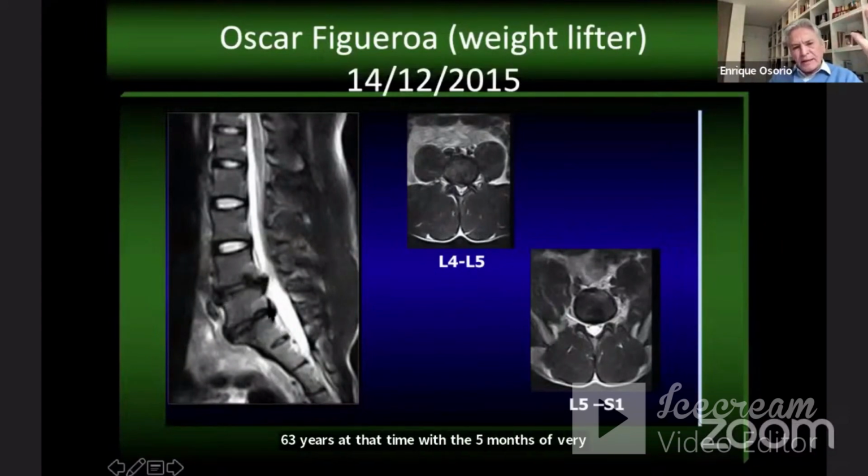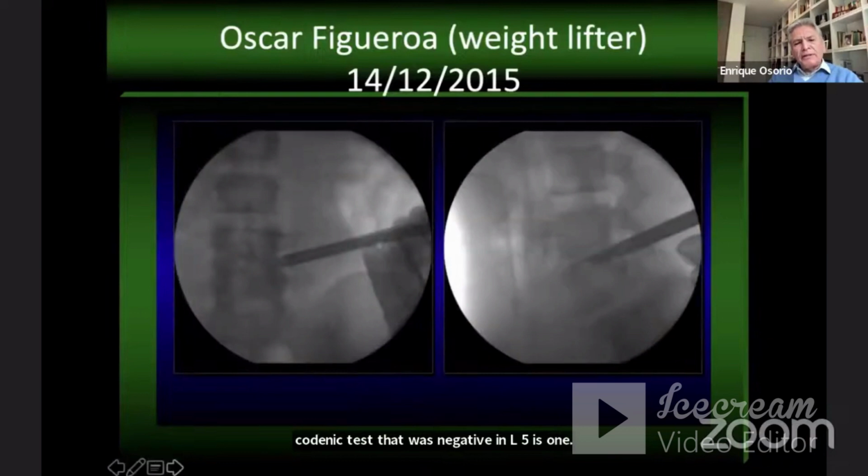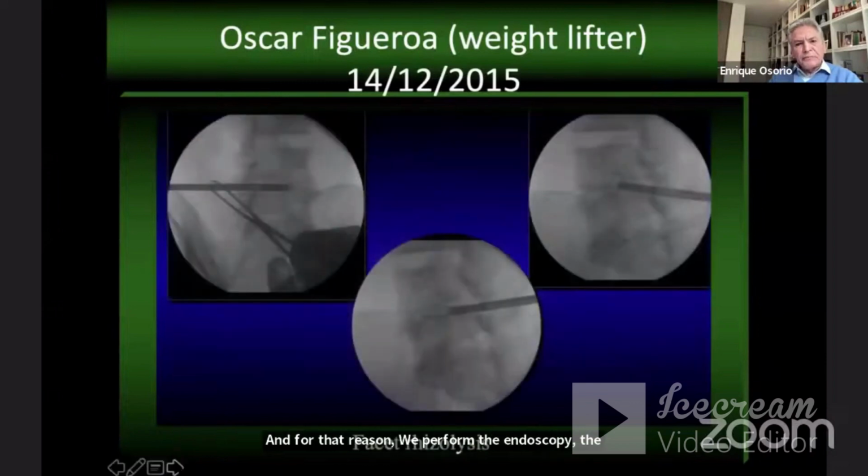And this is the MRI with this disc in L4-L5 and in L5-S1. In this case, we performed a discography and discogenic test that was negative in L5-S1, and for that reason, we performed the endoscopic discectomy in L4-L5.